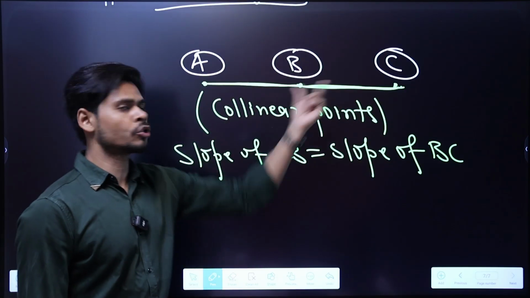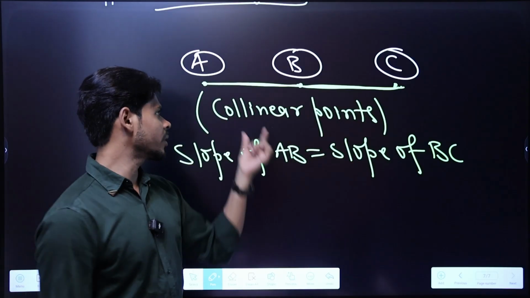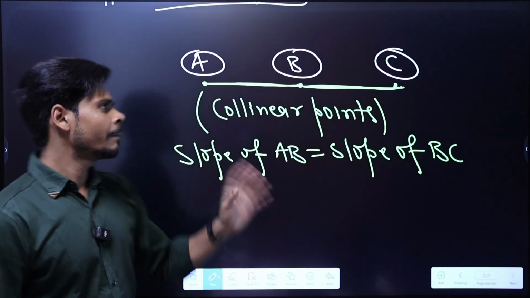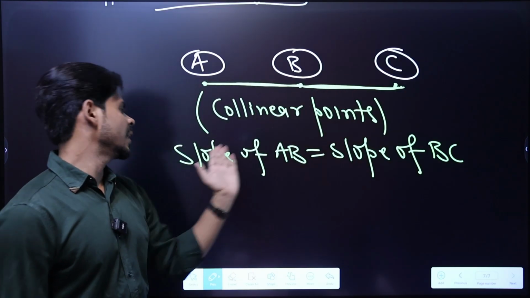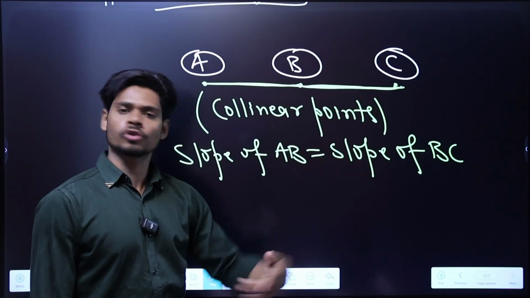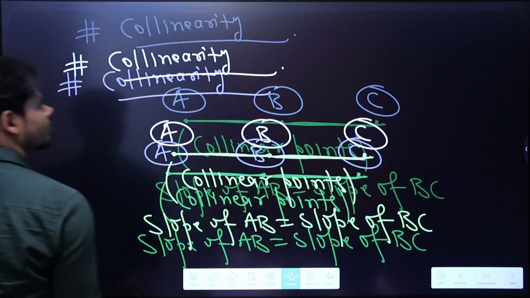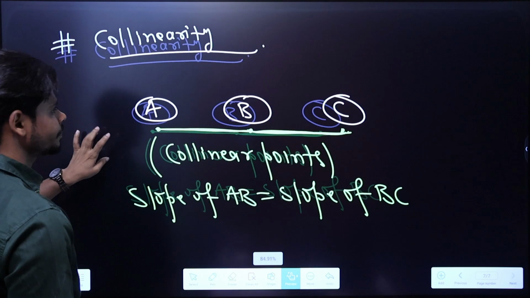So the slopes of these two lines will always be equal. This is the condition for collinearity. If you name these 3 points P, Q, R, then the slope of PQ will be equal to the slope of QR. That's it, simple. You can use any letters to denote the points.